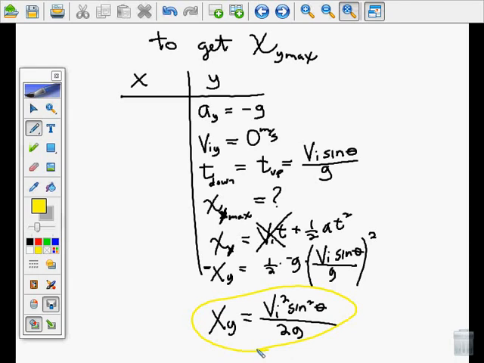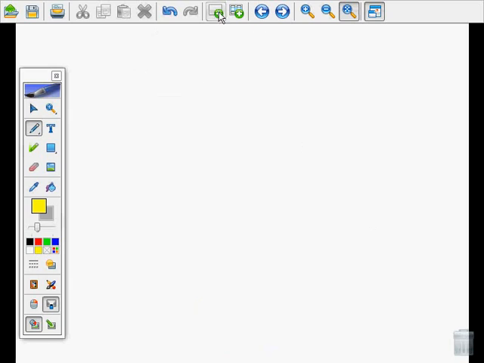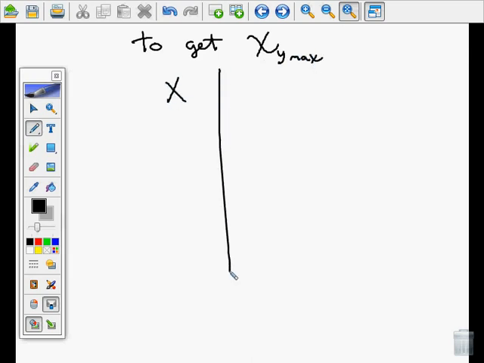Finally, a third way of getting x_y max, that's the max, that's the height right there, is just to use the no time formula. So a third way to get x_y max is, of course, always considering the vertical, use the no time formula. Even on the way up.